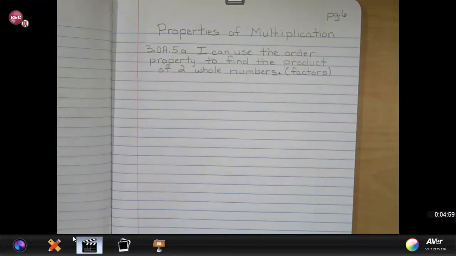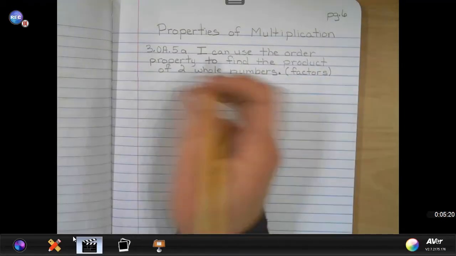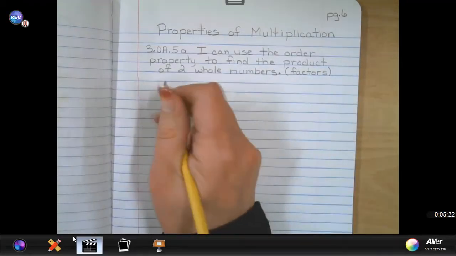When we switch the order of the factors, we know that the product does not change. However, the arrangement of the array, or the number of groups, is switched with the number in each group.